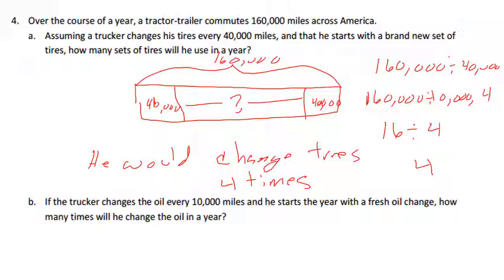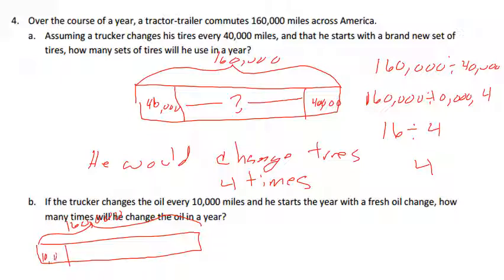Okay, so on the same type of tape diagram, he still has 160,000, and he changes it every 10,000, and we want to know how many times he's going to change it.